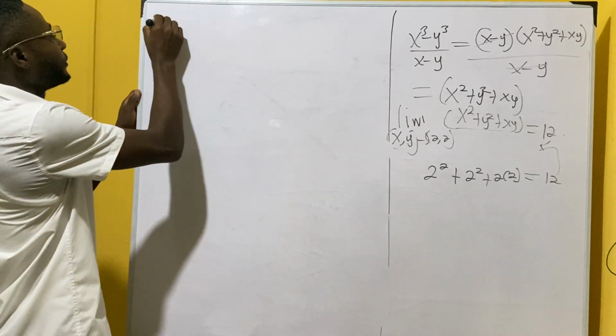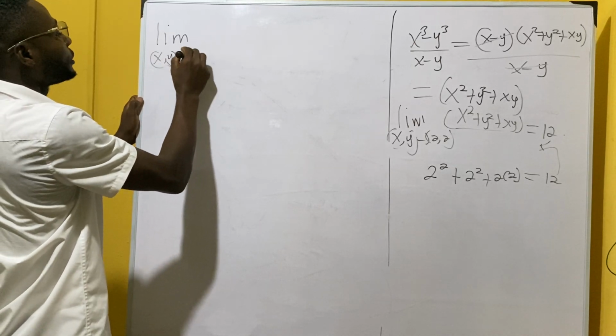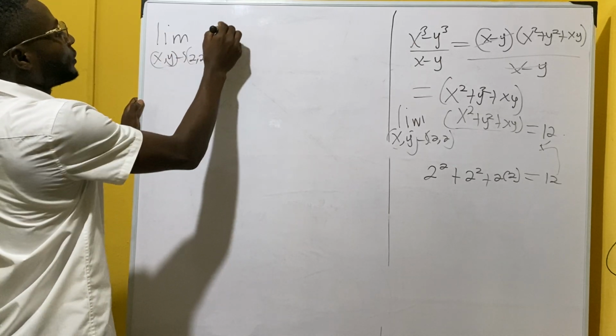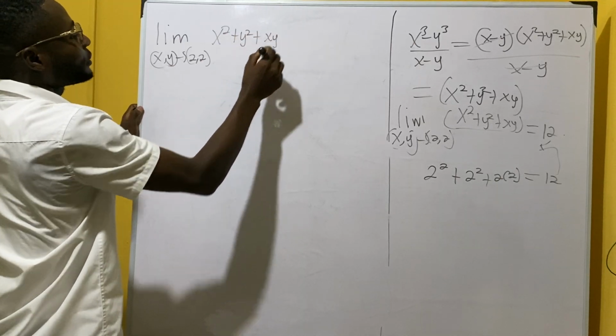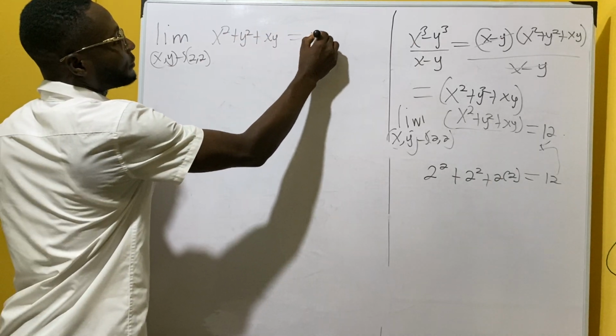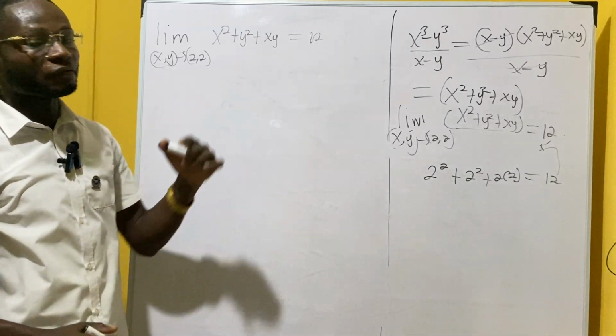So we have the limit as (x, y) approaches (2, 2) of x squared plus y squared plus xy equals 12, and we want to use epsilon delta to prove this.